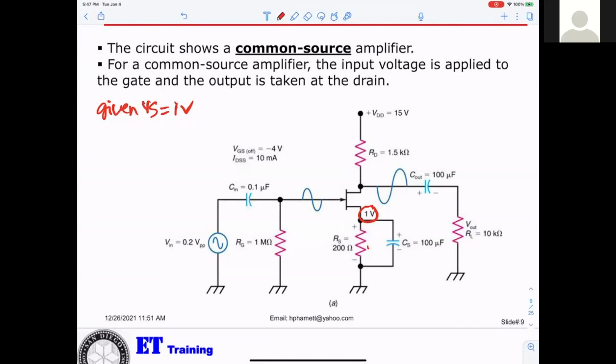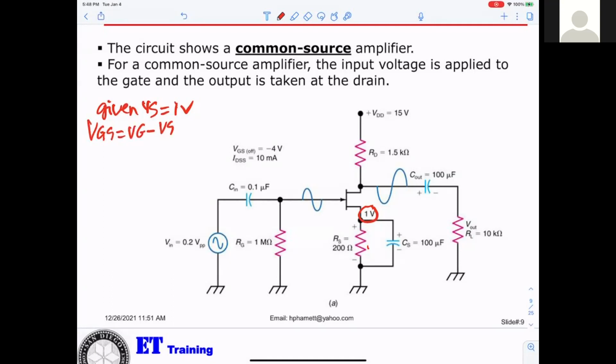Hey, Mr. Pham, can I ask a question real quick? Yeah. If you want to know VGS, VGS is VG minus VS, is that right? Exactly. So in the center there, where you drew that 1, where's the VG, where's the VGS? That's basic, right? VGS equals VG minus VS. What does VG equal?